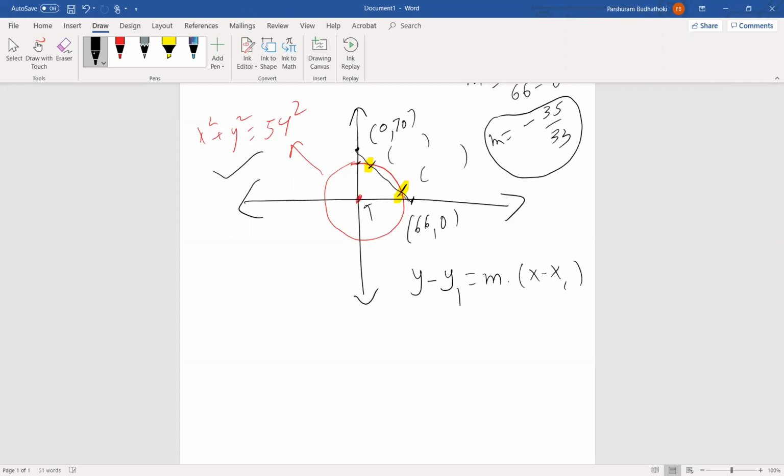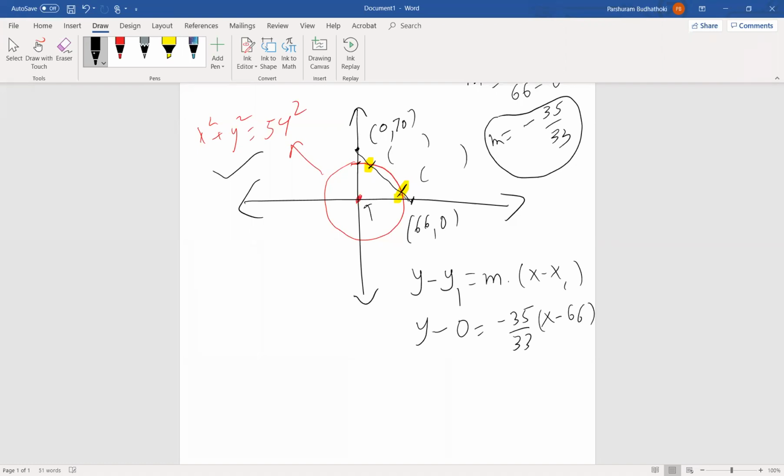We're using (66, 0) as our point (x1, y1), and the slope is negative 35 over 33. So that gives us y minus 0 equals negative 35 over 33 times (x minus 66).